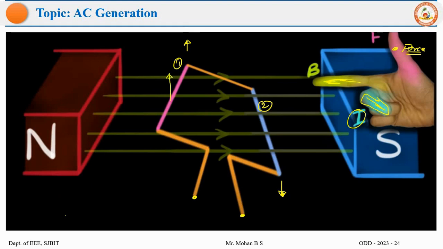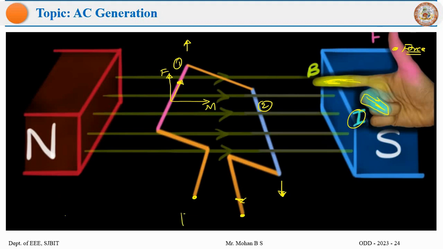This is the direction of force, and this is the direction of magnetic field, and if you use your right hand rule, the direction of current would actually be away from your plane. So the current would flow in this direction and then come out here if the circuit is closed.